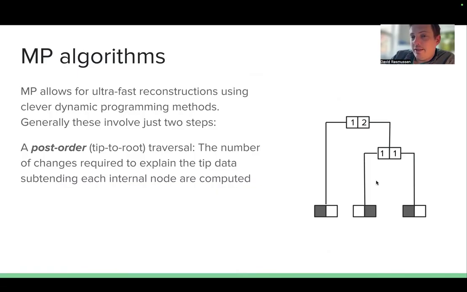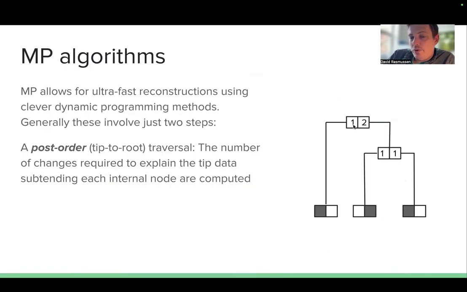So there has to be at least one change along one of these branches. We basically walk up the tree performing the same computation iteratively over and over again. At each node, we compute, based on each possible state, how many changes would be required to explain all of the tips below.